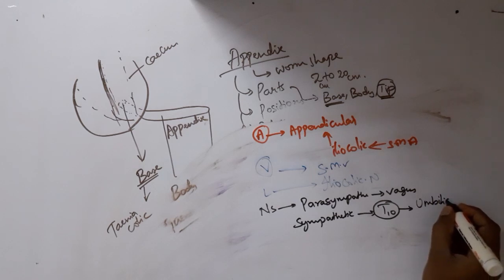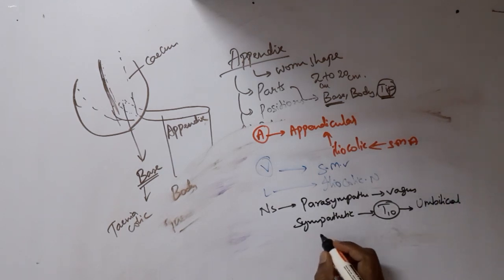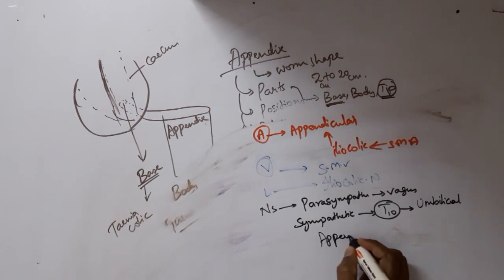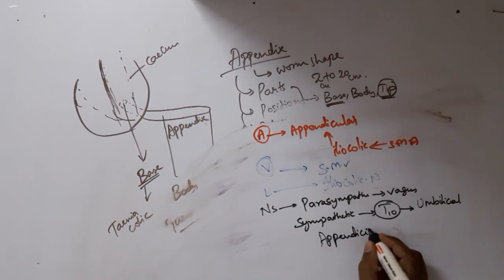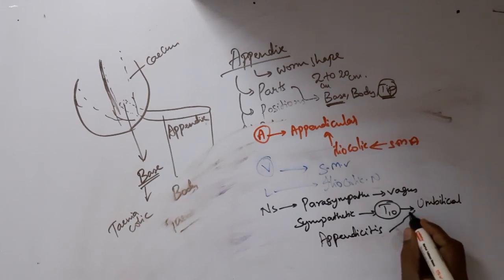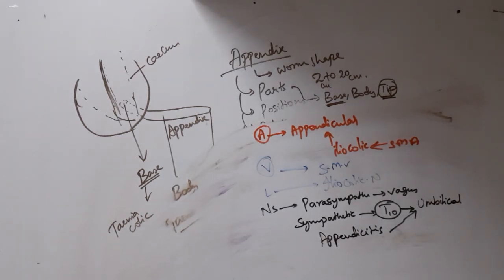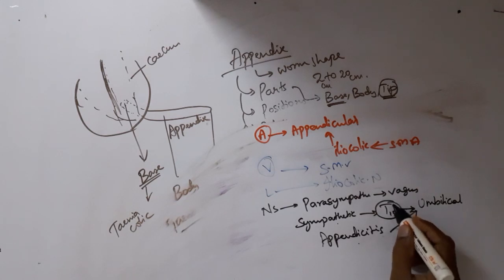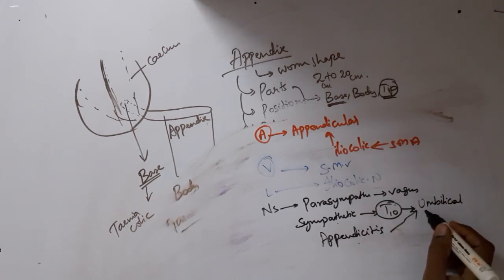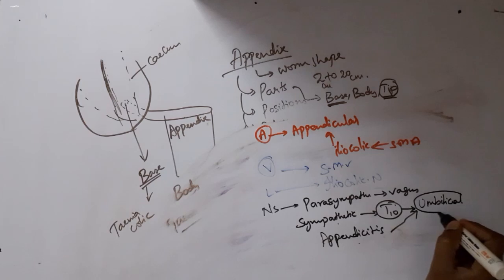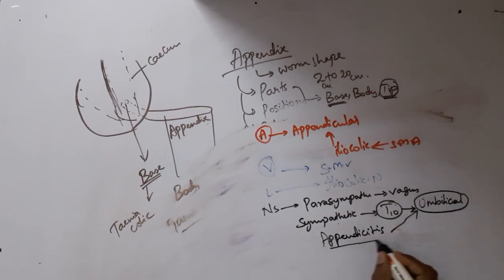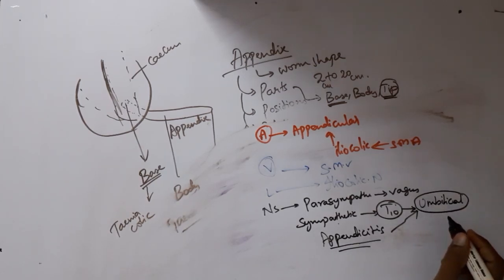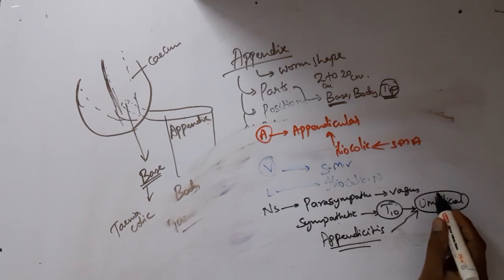So this is important because whenever there is inflammation in the appendix, that is appendicitis, the referred pain will go to the umbilicus. Why? Because the sympathetic nerve supply of the appendix is T10, and this has the dermatomal supply of the umbilical region. So whenever there is inflammation of the appendix, the patient will say he has a pain in the umbilical region.